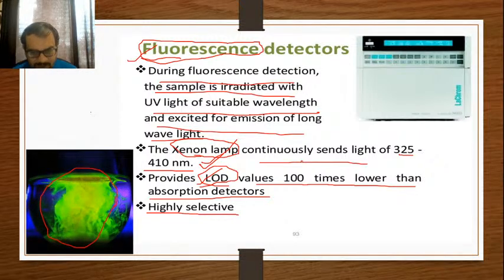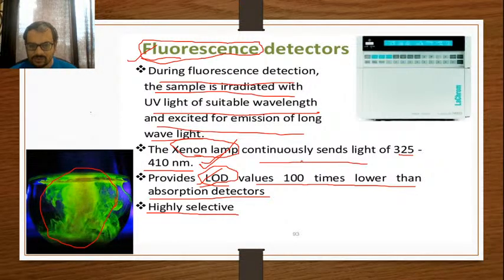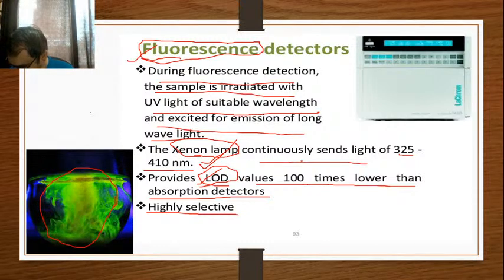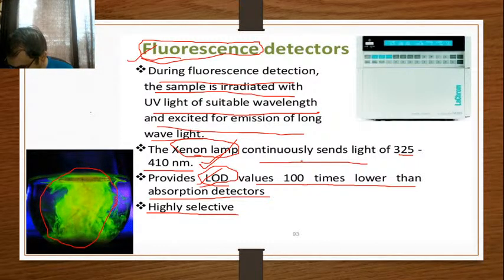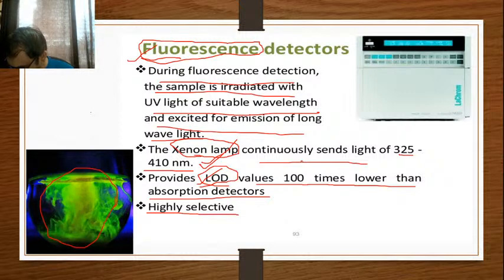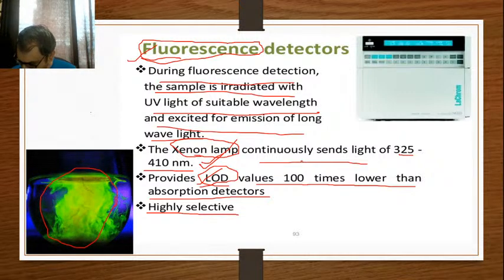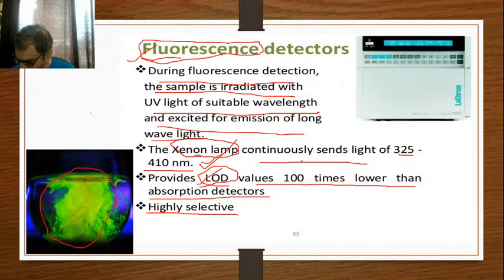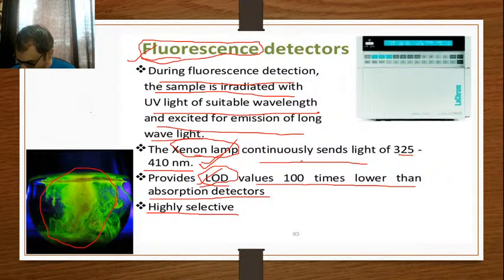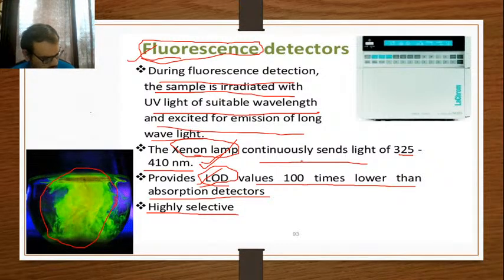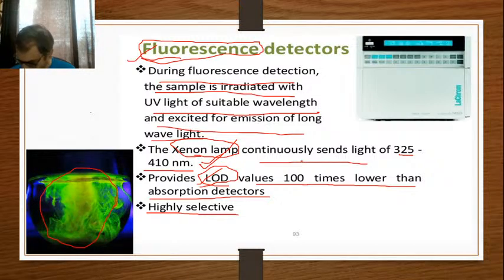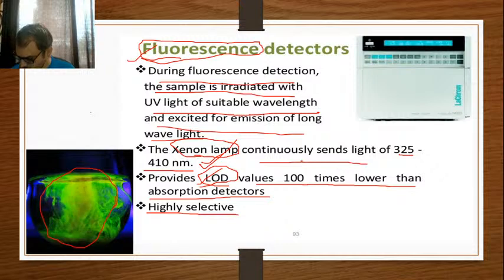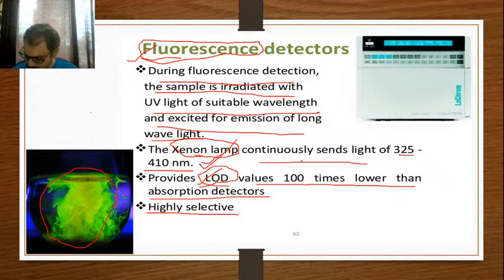If they have the capacity to detect 100 times lower amount as compared to absorption, there must be some limitation for quantification, that is detection. Siddhi, can you elaborate it? Apart from Siddhi, anyone?